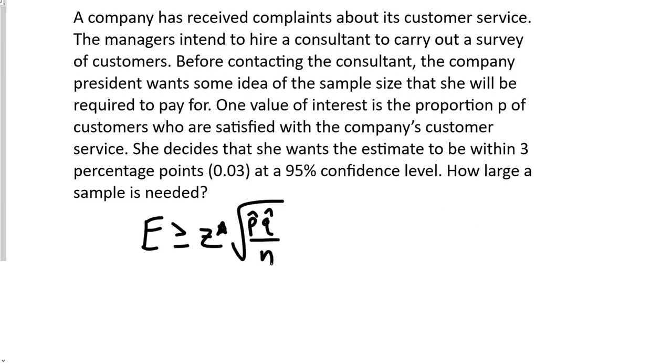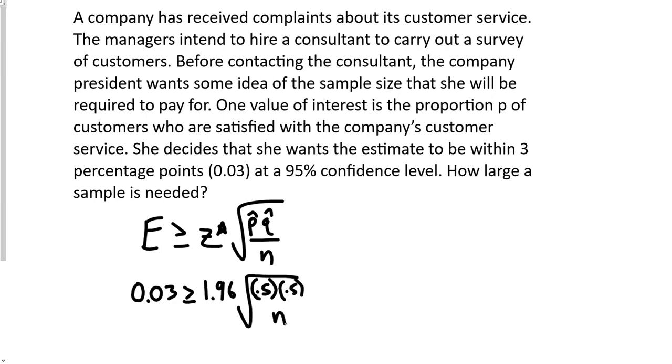So we're going to say our E, our error to be within 0.03, so within 3 percentage points of error, is greater than or equal to the z-score for a 95%. We know that to be 1.96 times the square root of, we'll use 0.5 then. Since we don't know it, we're going to use 0.5, and we want to solve for n.